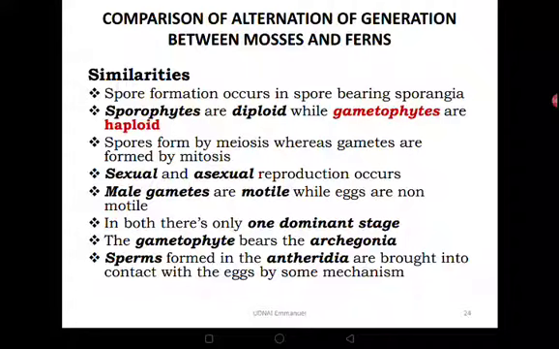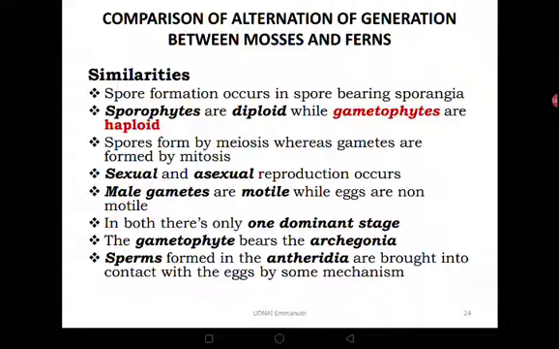Sexual and asexual reproduction occurs, as we saw there. Male gametes are motile. You saw the sperms swimming from the antheridia to the archegonia. And then the female gametes are non-motile. And this happens in many of the other plants and even in animals. It's only the male gametes that are motile, and the female gametes are non-motile.